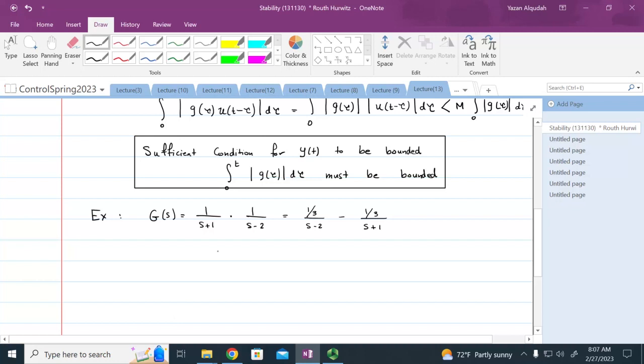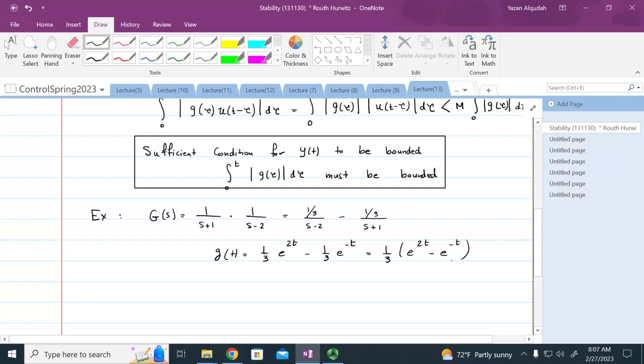And therefore, g of t is going to equal 1/3 e to 2t minus 1/3 e to negative t, which is equal to 1/3 times e to 2t minus e to negative t.